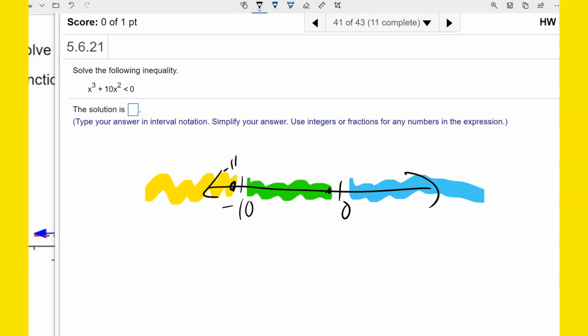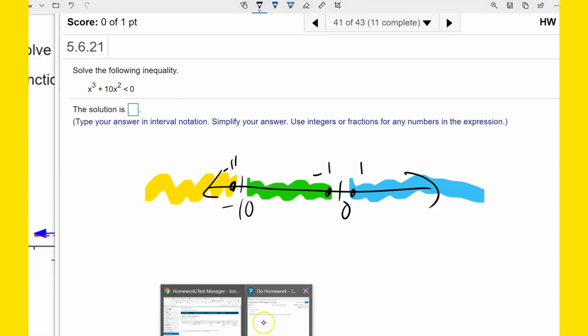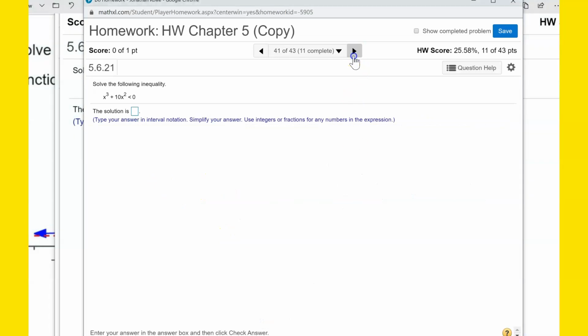You could test out negative 1. You could test out 1. And just see if it comes out true. If it comes out true, then that's part of the solution. If it doesn't, it's not part of the solution. I'm not going to keep going with that because I showed you how to do that in the previous problem. And the other way to do it is to just graph it in your calculator and look at it there. Again, whichever one of those 3 methods seems good to you is fine.